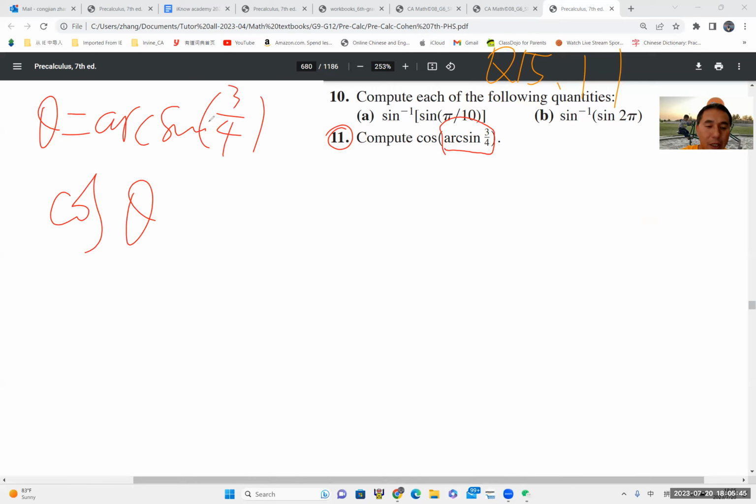First, tell me, theta is in which interval? That means arcsine should be in which interval? And theta must be greater than or equal to what, but less than what? Do you have this idea?